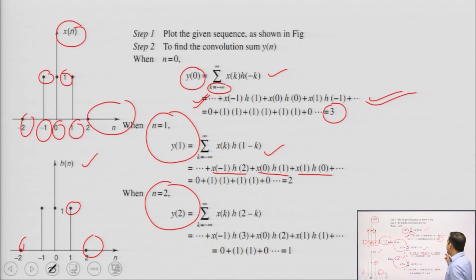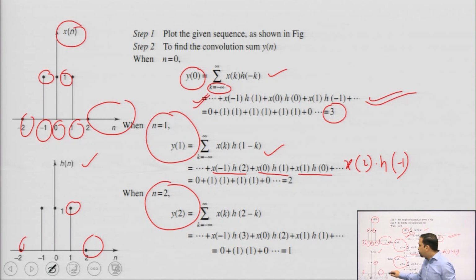Now, the next term will be, let us say, x of 2 and h of minus 1, but no need to write those terms. Why? Because here h of 2, what is h of 2? Clearly for h of 2 we do not have the signal, means the signal otherwise is 0. So, we can put 0 and this term will definitely be 0.